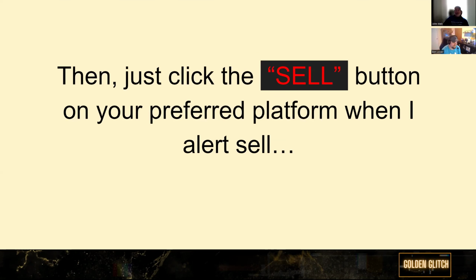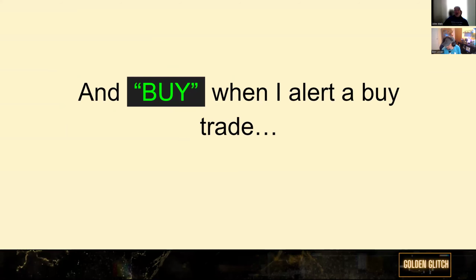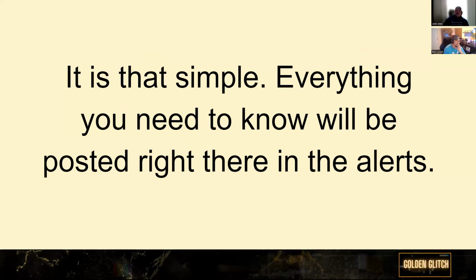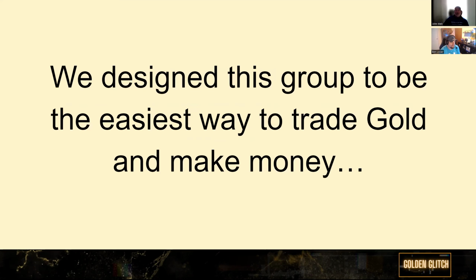Then just click the sell button on your preferred platform when I alert you to the sell trade, and buy when I alert you to the buy trade. It is that simple. Everything you need to know will be posted right there on the alerts. We designed this group to be the easiest way to trade gold and make money.